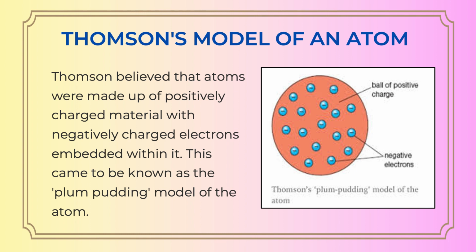Thomson proposed that an atom consists of a positively charged sphere and the electrons are embedded in it. The negative and positive charges are equal in magnitude, so the atom as a whole is electrically neutral.